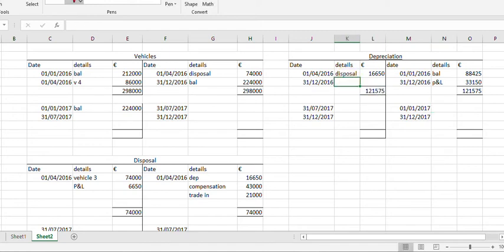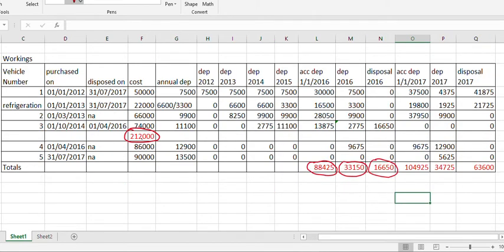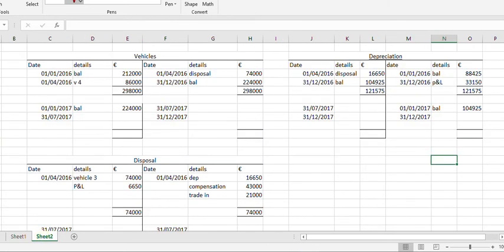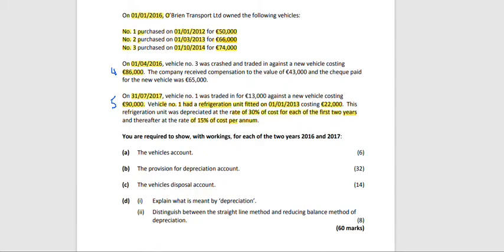So the closing balance for 2016 would be 104,925, and that would be the opening balance for 2017, 104,925. And of course we know this because if we look at our workings, our opening balance for 2017 we worked out already, 104,925.